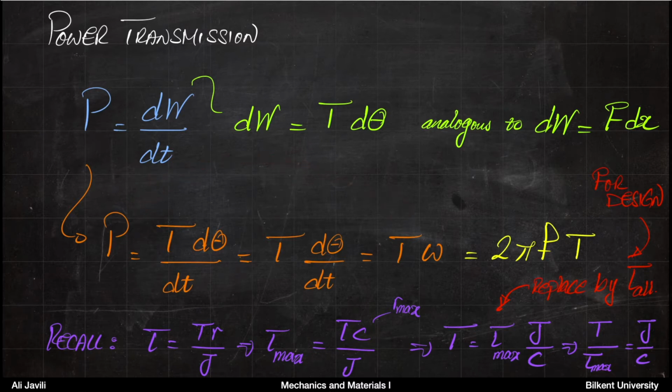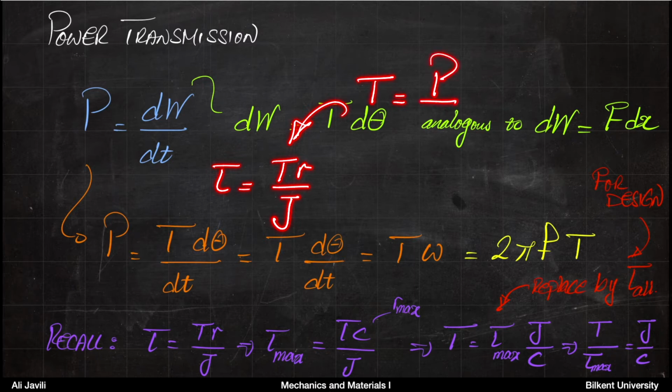But now, based on what we have learned before, we can also learn how to design a shaft based on what we have just now. Previously, we learned that shear stress, tau, is equal to TR over J. So this is what we learned in the previous lecture. Now you can calculate that T from your power by just dividing power by angular velocity.